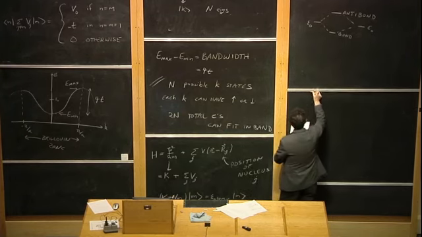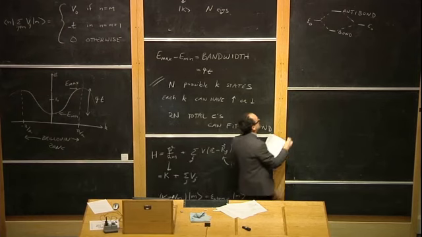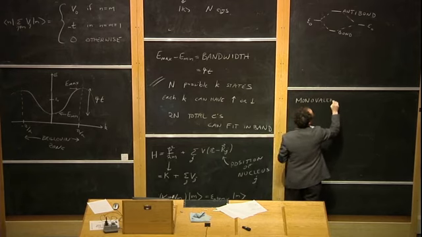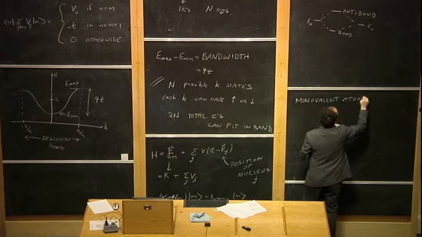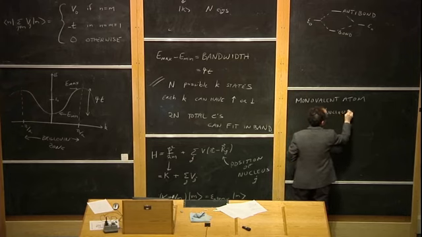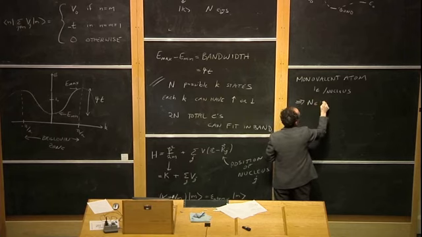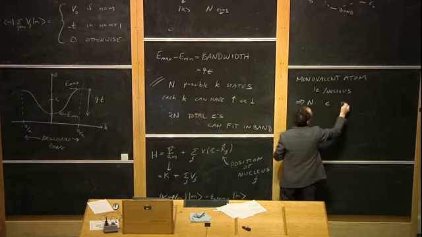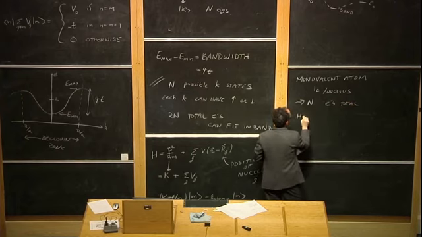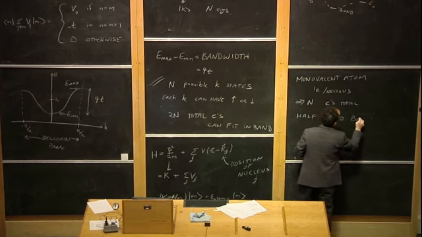So let's first consider a monovalent atom, which has one electron per nucleus. So that will give us a total of n electrons total, and that half fills the band, a half-filled band.